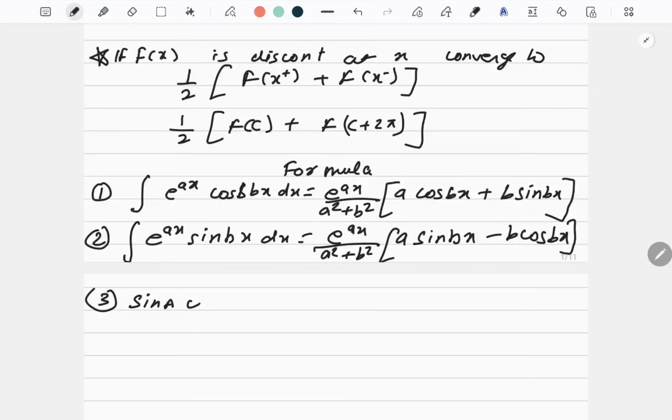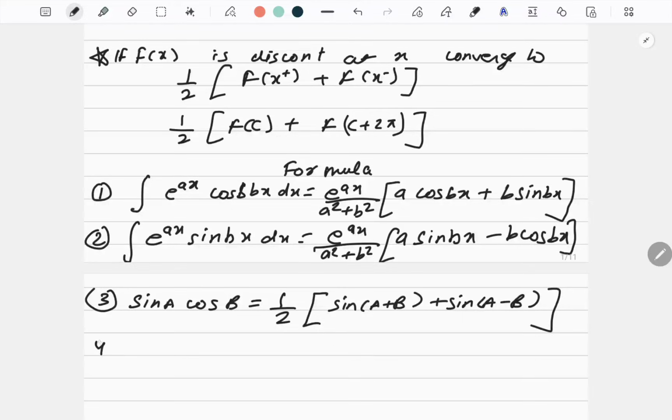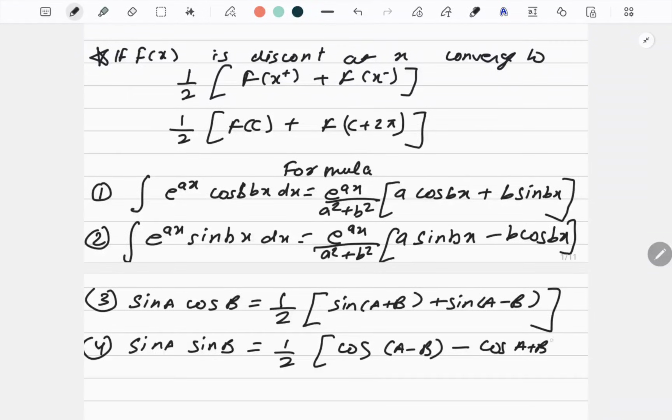I am just writing it for your reference so that you don't have to search the books for the formulas. sin a cos b is 1/2 [sin(a+b) + sin(a−b)]. Then fourth formula, sin a sin b, is equal to 1/2 [cos(a−b) − cos(a+b)].